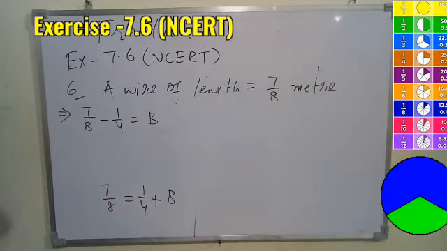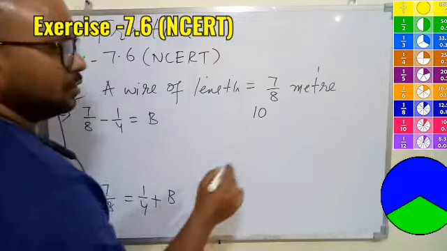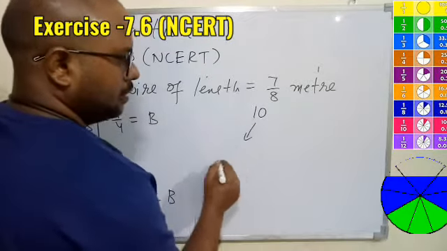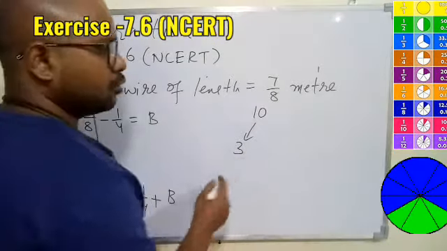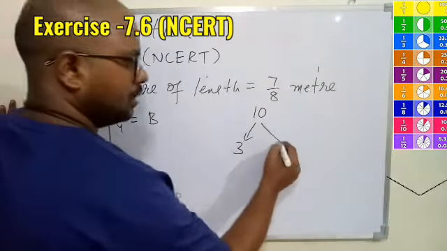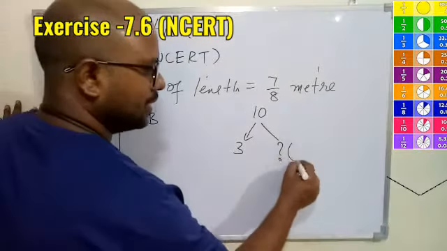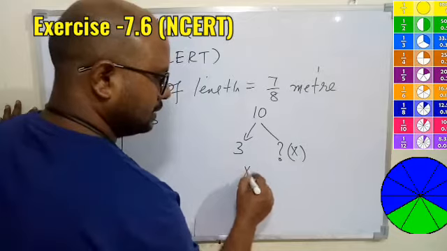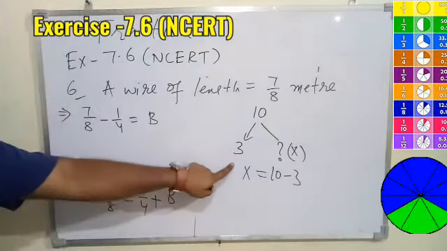I hope you understood. Repeating again, for example, if you have number 10, and 3 is removed from number 10. So for example, 10 is broken into two pieces, one is 3 and one we don't know. So what is the other one? Let it be x. This x will be what? 10 total minus the one which is subtracted.